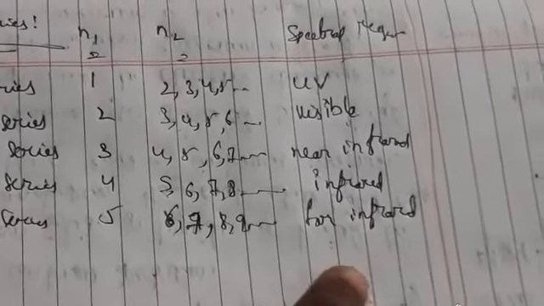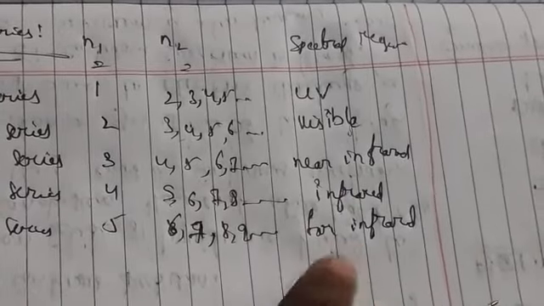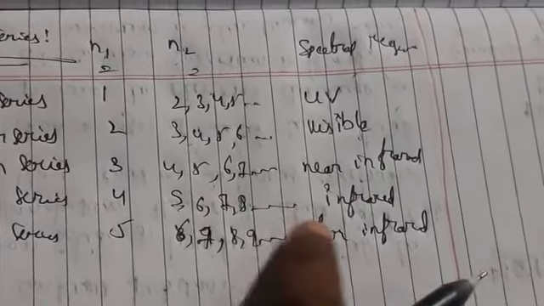According to the electromagnetic radiation, the value is nearly 4000, between near infrared, middle infrared and far infrared regions. Coming here, n equals 1, n equals 2, n equals 3, n equals 4, n equals 5.